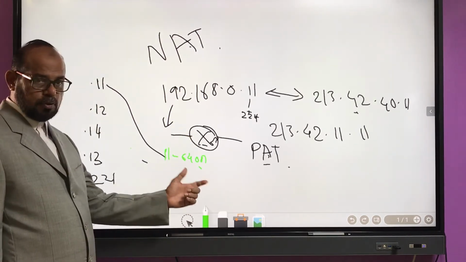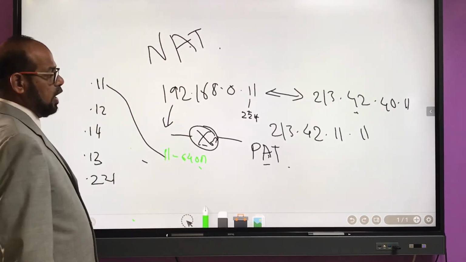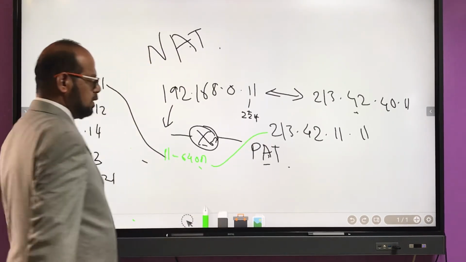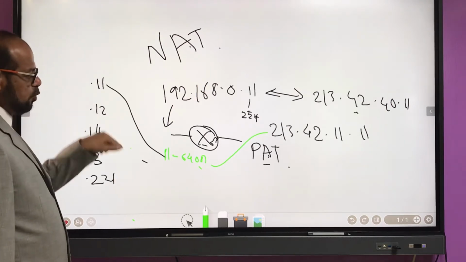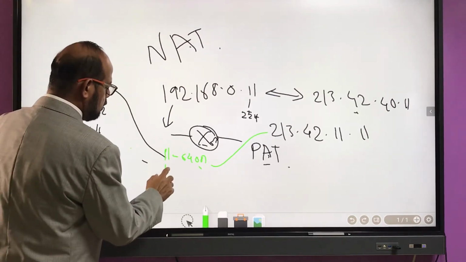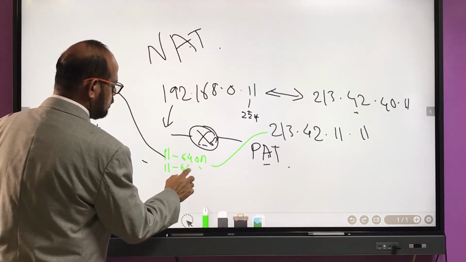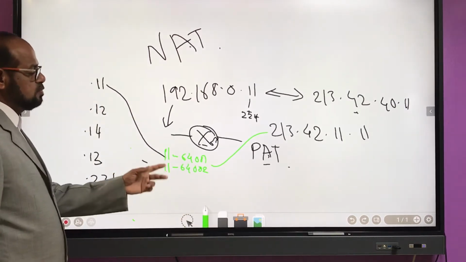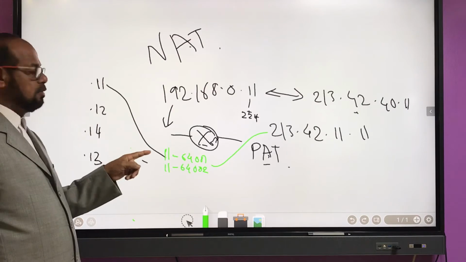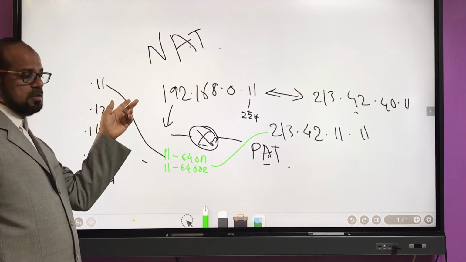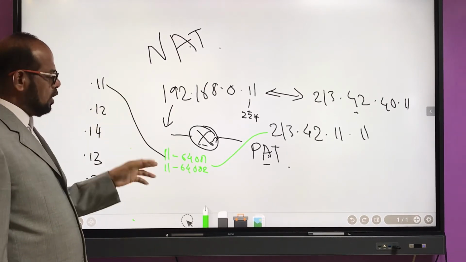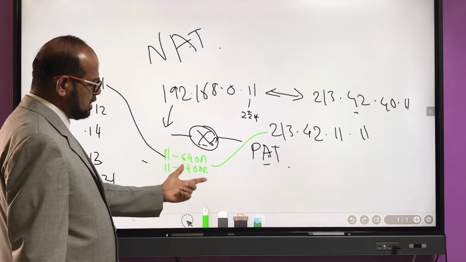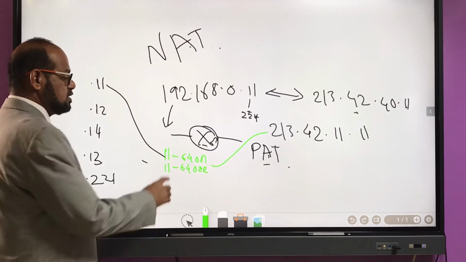One port is assigned for this, and it will send the traffic to this IP. Now, if it opens another browser, it will have another table entry with 64002. So this is browser number 2. Maybe one is Internet Explorer, another is a session with Chrome. So this is called the port address table, PATing, port address translation.